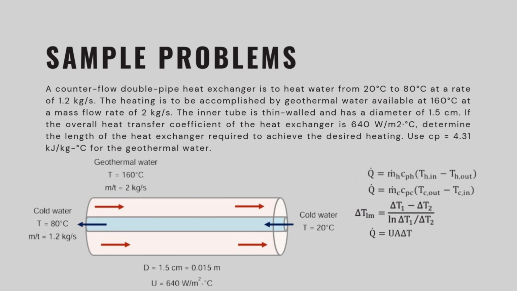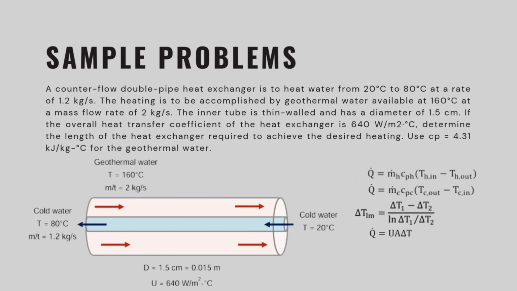First of all, we're going to have to get the rate of heat exchange for the cold fluid, and then with that, we're going to get the outlet temperature of the geothermal water, which would give us a way to get the log mean temperature difference, which we can then use with another formula for the heat exchange rate.